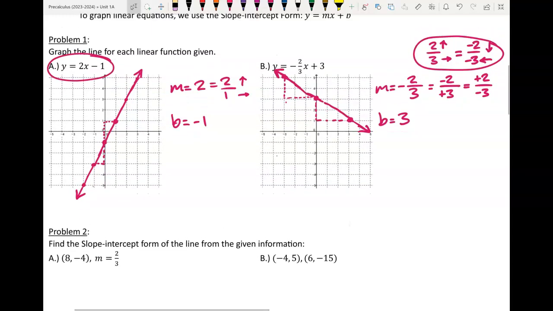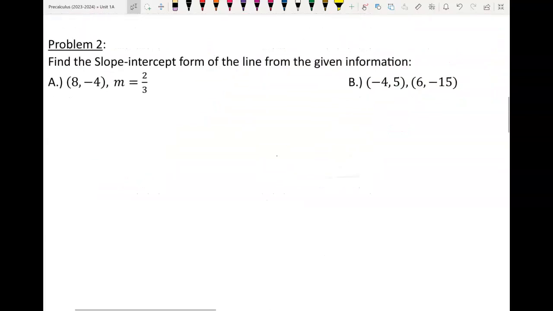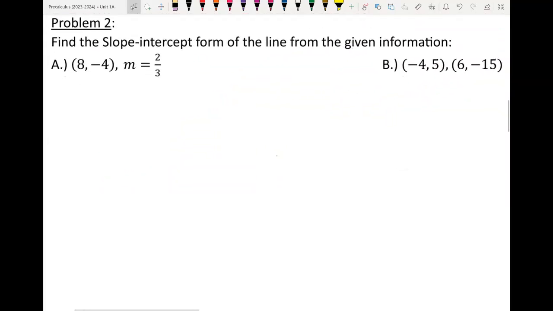Let's go ahead and go into problem 2. So problem 2, A and B, you've probably done it in a slightly different way. I want you guys to use, and on your homework, to practice using that new form of the point slope form: y minus y1 equals m times x minus x1.